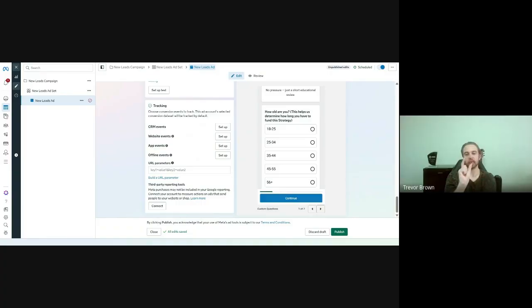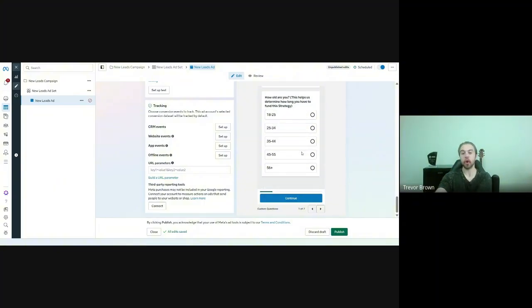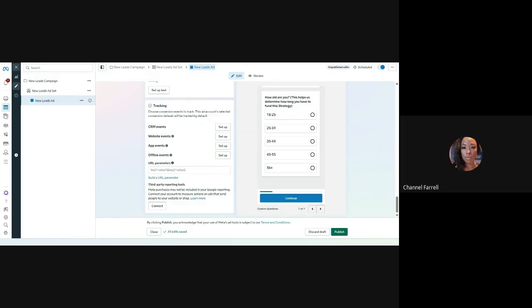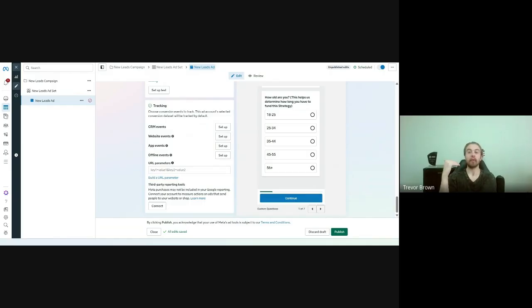That is $20 a day, and ignore this triangle thing. It's because I haven't published the changes that I made, because I swapped the lead form to see, but I'm just going to discard the draft anyway. So anyway, the exact opposite approach that I have is we start by filtering by age in a compliant way, right? How old are you? This determines how long you have to fund this strategy.